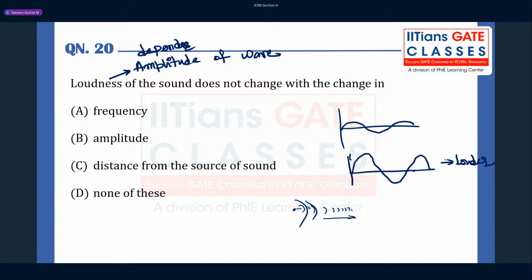So loudness will depend upon amplitude, and loudness will depend upon the distance between the source and the person who is listening, right? So it doesn't depend upon the frequency. Okay, frequency is like the number of waves at a fixed point for a given period of time, right? So frequency is the answer. Good. Next one.